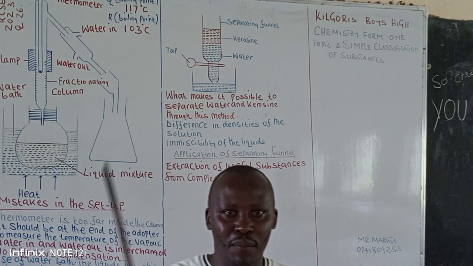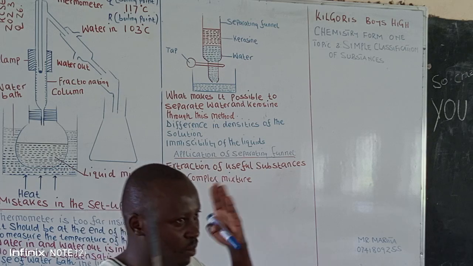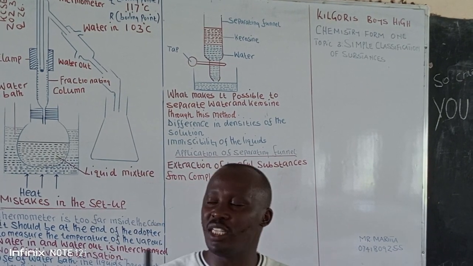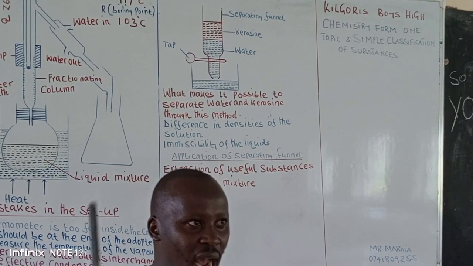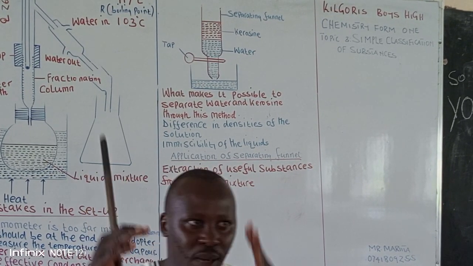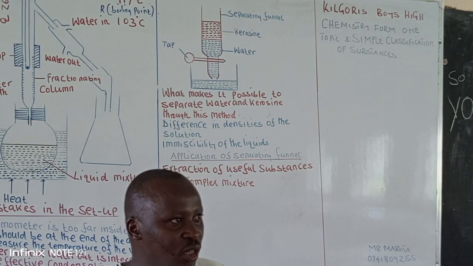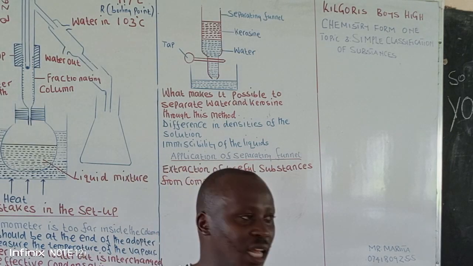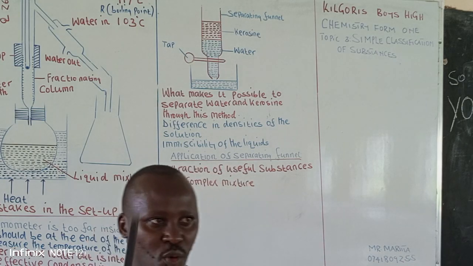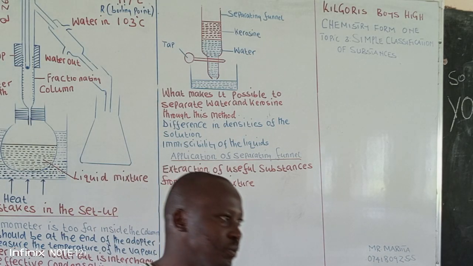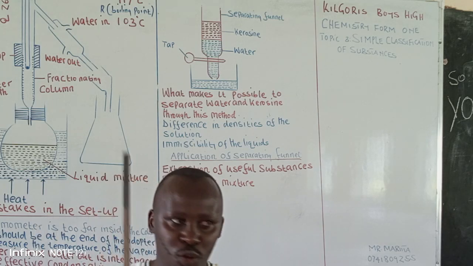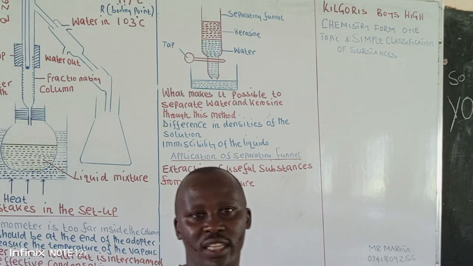Non-polar compounds cannot attract water molecules because water has hydrogen bonding. The water molecules cannot be attracted to non-polar compounds, and that is the reason why kerosene and water normally do not mix. In this case they form two separate layers.